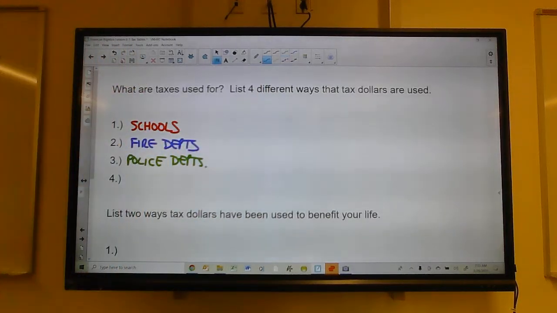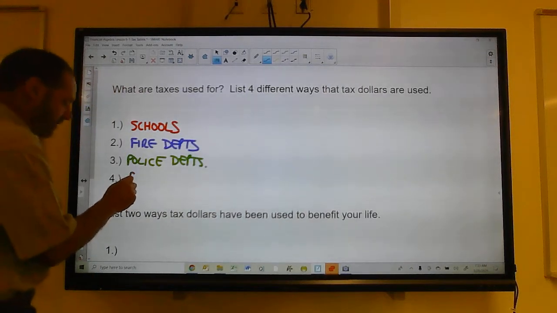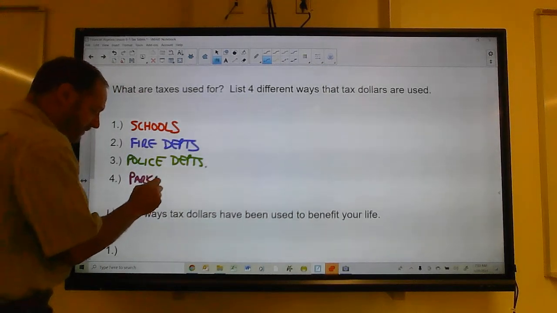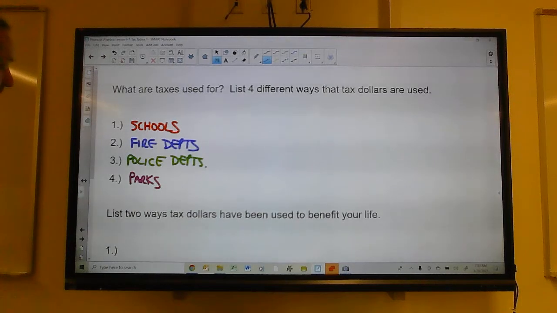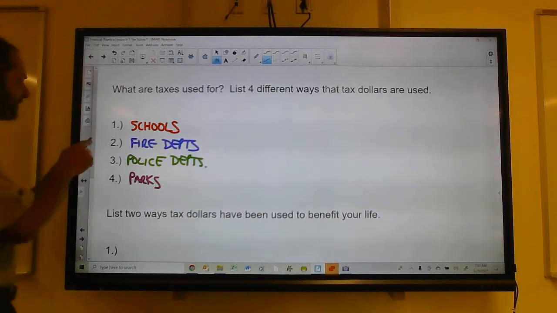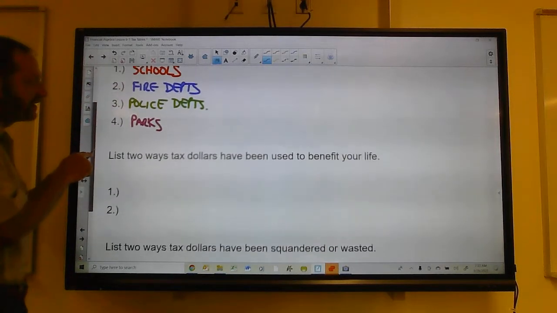What else might you have tax money spent for? Sometimes it's spent for parks. So you have a state park, that pays for that partially. There's lots and lots of different things that states spend their money on.